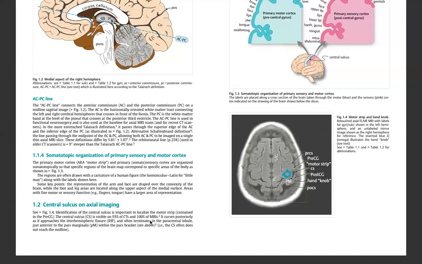It's seen in 93% of CTs, and almost all MRIs can show the central sulcus. It curves posteriorly as it approaches the interhemispheric fissure, and then terminates in the paracentral lobule, just anterior to the pars marginalis within the pars bracket. The central sulcus often does not reach the midline.